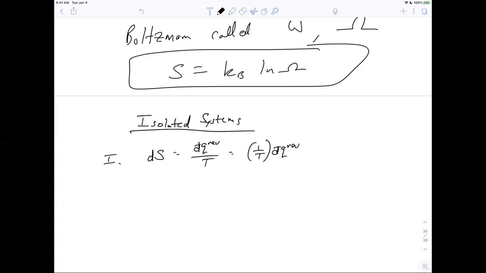And so when we use this approach to compute delta S, because we know delta S is a state function, that would just be an integral of dS from equilibrium state 1 to equilibrium state 2. And I really don't know what variables to put in the limits here, because I've just written this as a very general integral, right?